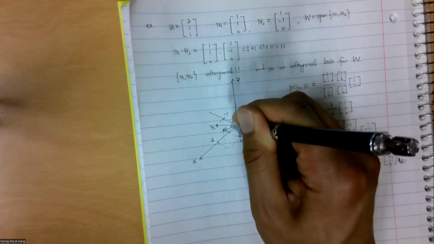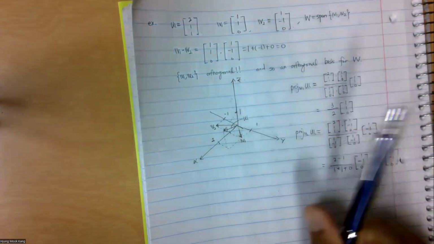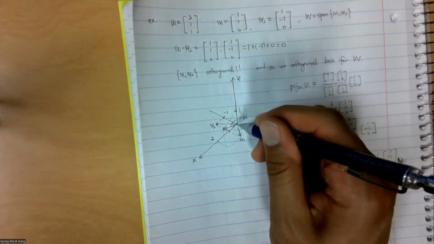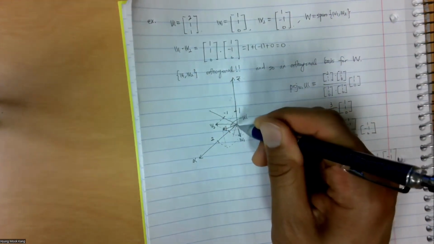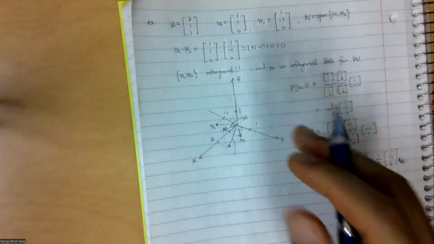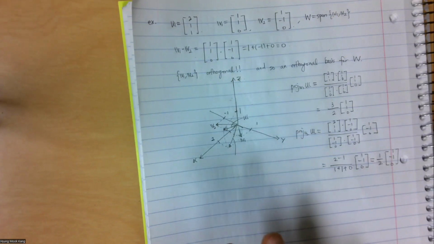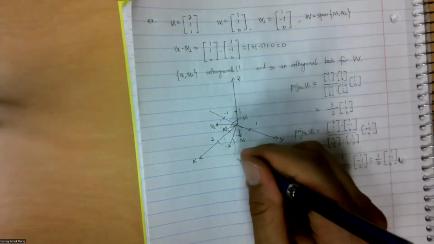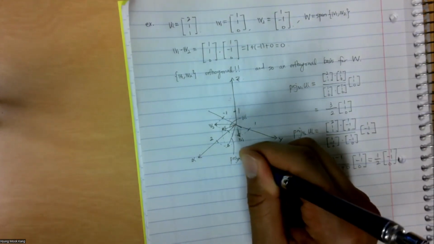This vector here is our u vector. Projecting it, you're going to have this vector. We project it onto W, which is just the xy plane in this case.